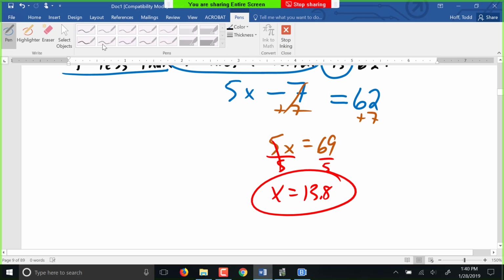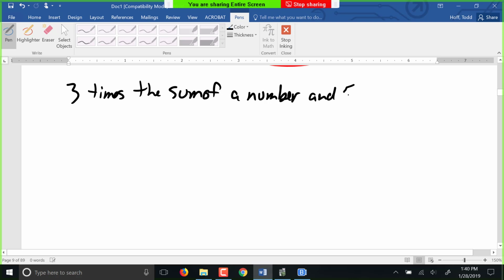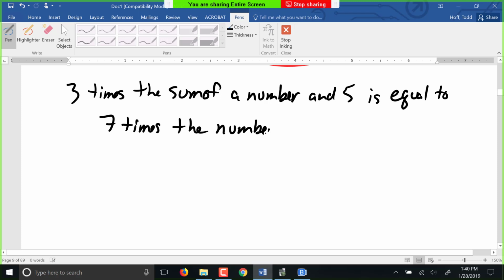In your notes, I want you to try this one. Three times the sum of a number and 5 is equal to 7 times the number decreased by 1.